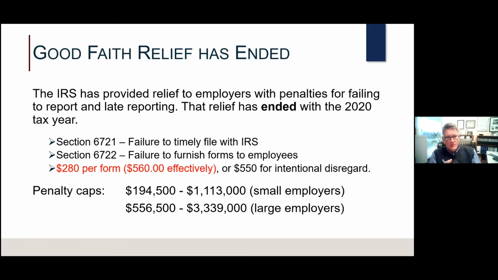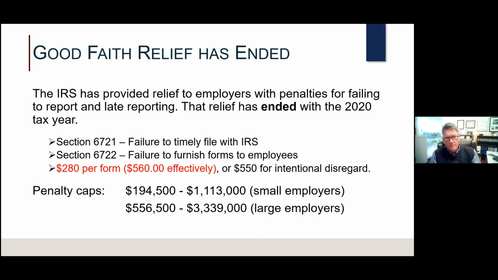One is for failure to file on time with the IRS, and the other is failure to furnish forms to the employees. The penalty is $280 per form, but it's really more a $560 fine because you get penalized twice. If you fail to file your ACA reports, the IRS assumes you also have not furnished forms to your employees. So it's a double whammy penalty.